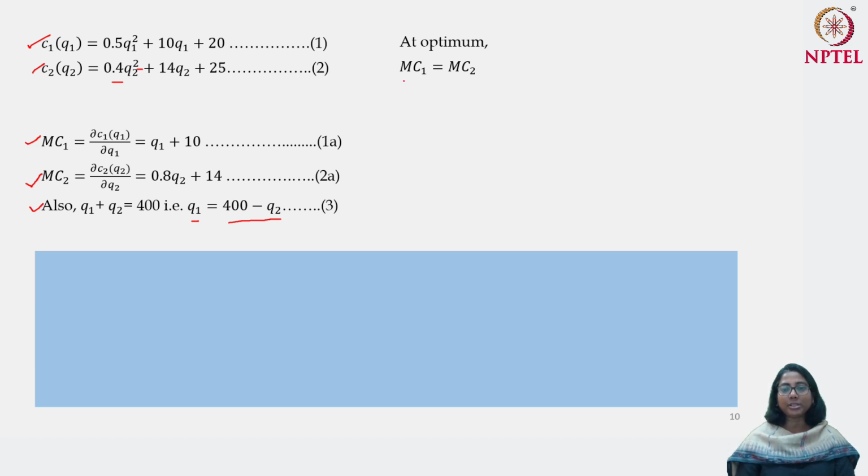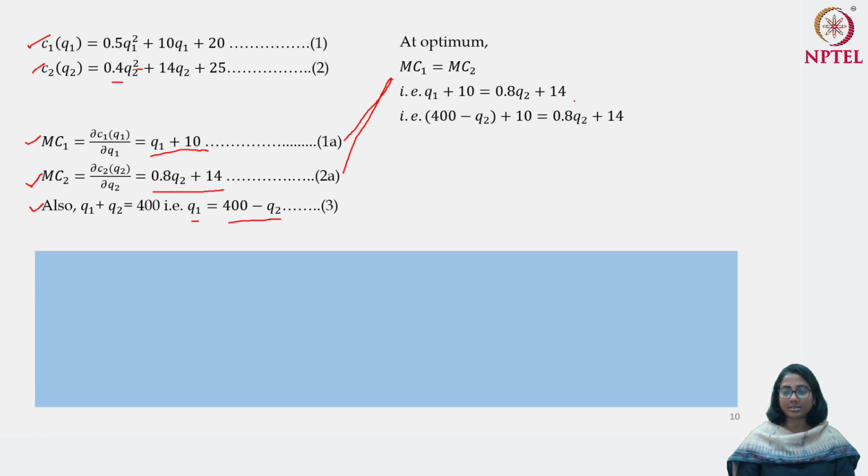At optimum, I know that MC1 is equal to MC2, which is equal to lambda. Plugging in the values, I get Q1 plus 10 equal to 0.8 Q2 plus 14. So this is one equation that I have in terms of Q1 and Q2.